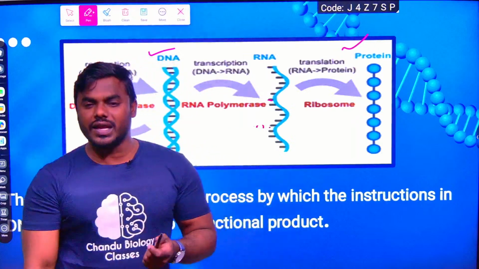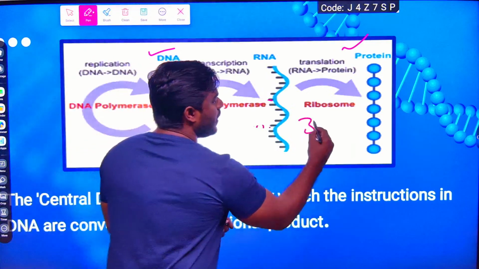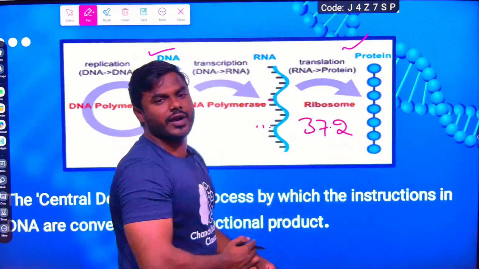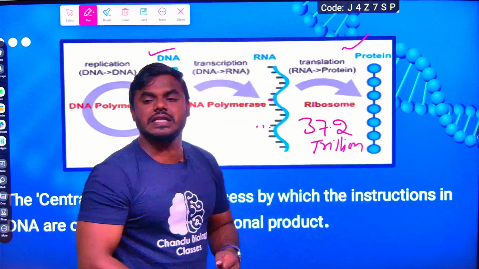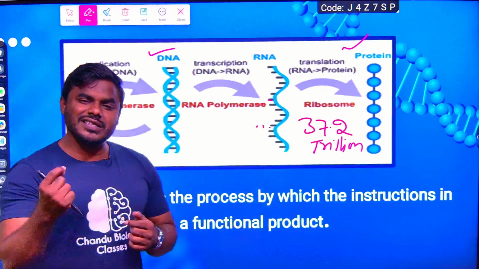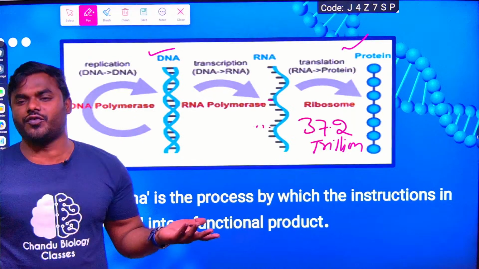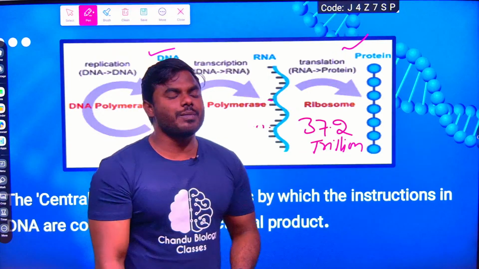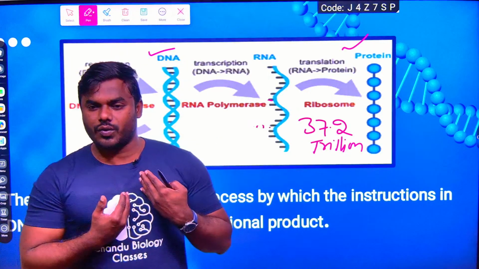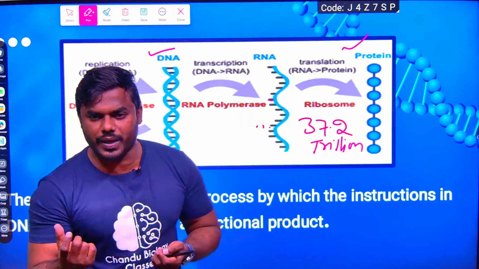Why are proteins very important in our body? As I told you multiple times, in a typical human body we have 37.2 trillion cells. Every single cell present in the body, if it wants to perform any kind of function, what does it require? Protein. Correct? Take the best example of hemoglobin. What is the hemoglobin going to do? Transport oxygen continuously. What is hemoglobin? Protein.